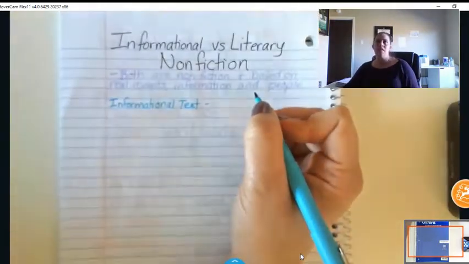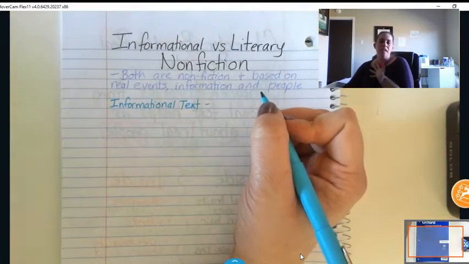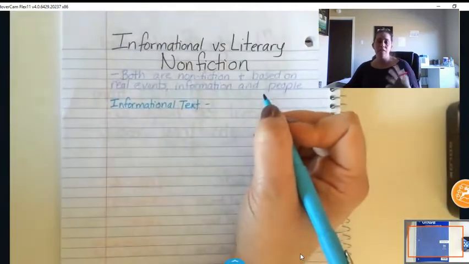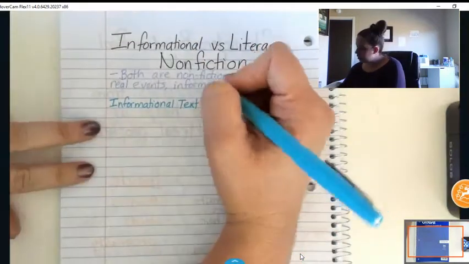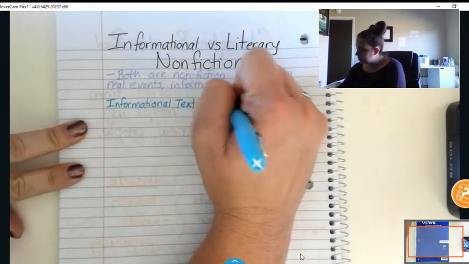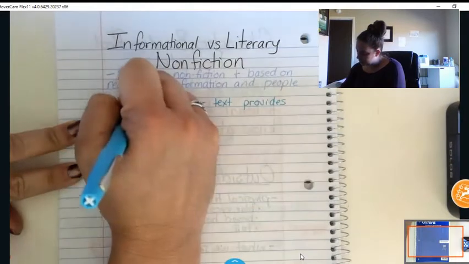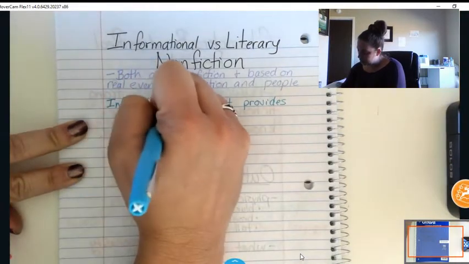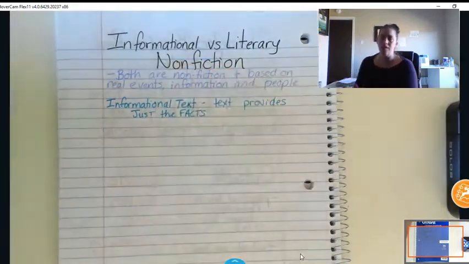It's not giving us this, I feel so connected to them. It's just giving us the information or just the facts about whatever topic it's on. So this text provides just the facts. Nothing else, just the facts.